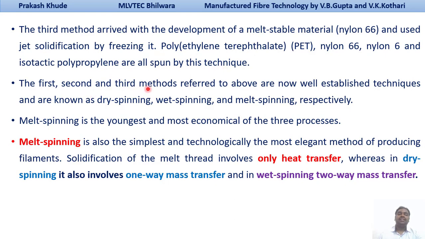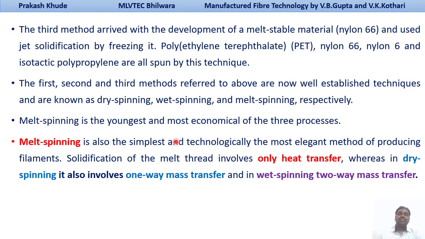The first, second, and third methods referred to above are now well established techniques and are known as dry spinning, wet spinning, and melt spinning, respectively. Melt spinning is one of the youngest and most economical of these three processes.